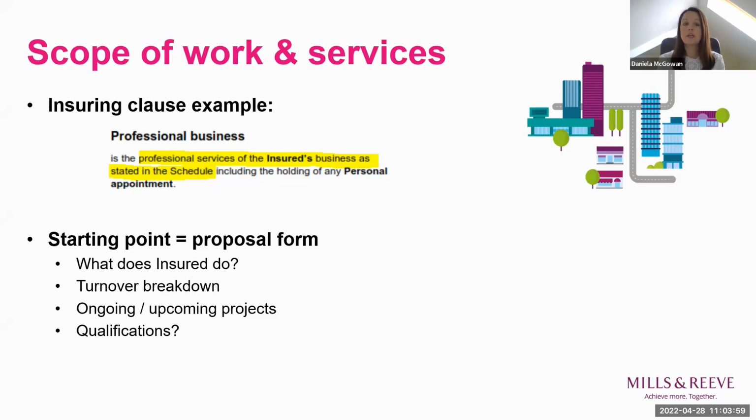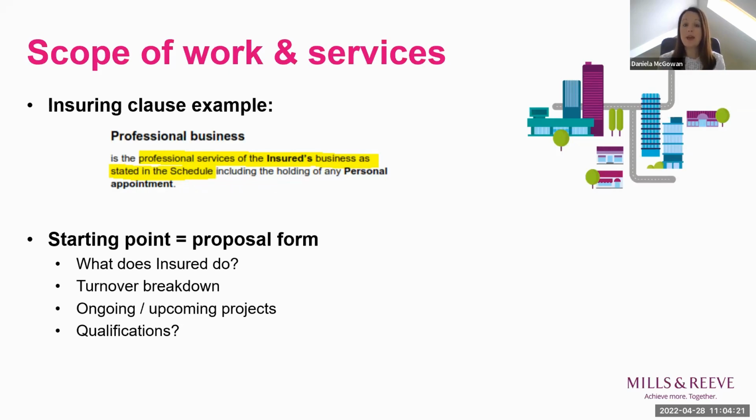The precise nature of the insured's operation and business can only be fully understood and clarified by referring back to the proposal form. The proposal form, as many of you will know, asks a variety of questions of the insured relating to its business. A key question is asking, what do they actually do?